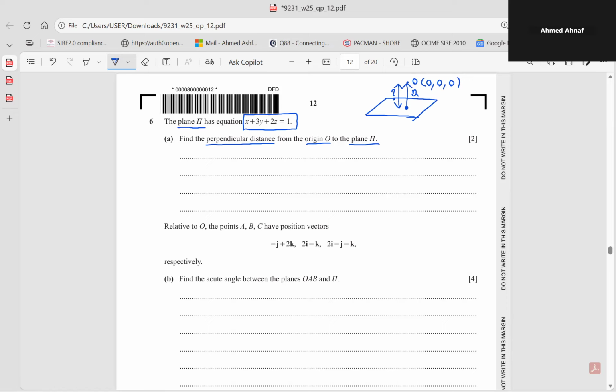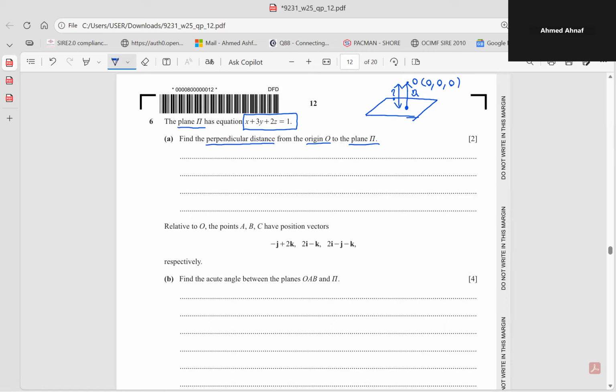So this vector is going to have the same direction as the normal vector. So the vector equation of this line is going to be a position vector on this line. We can take the origin as such.